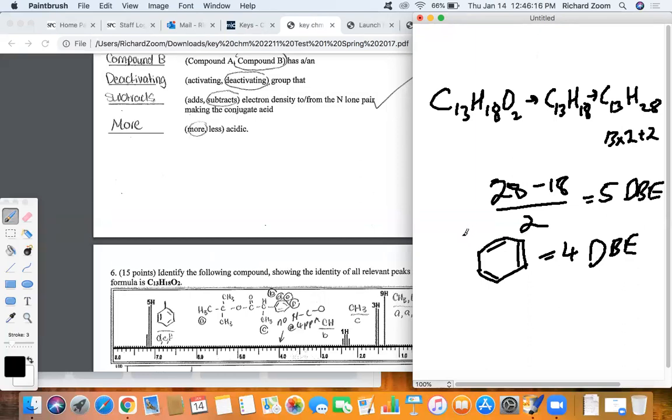So anytime you've got 4 or more double bond equivalents, you can definitely say you've got an aromatic ring. And if it's 5, then it'd be an aromatic ring and then 1 more double bond equivalent. The reason it's 4 is because we've got 1, 2, 3 double bonds and the ring makes 4.